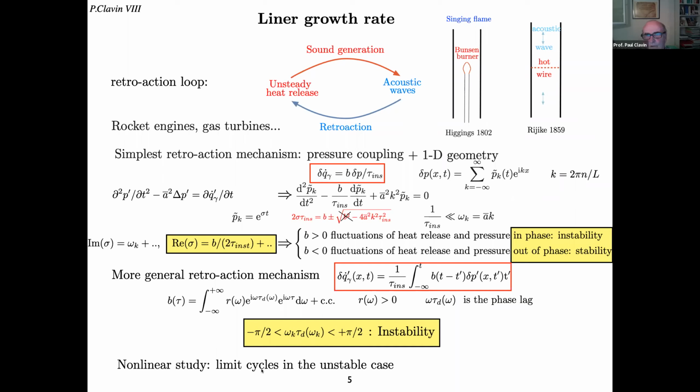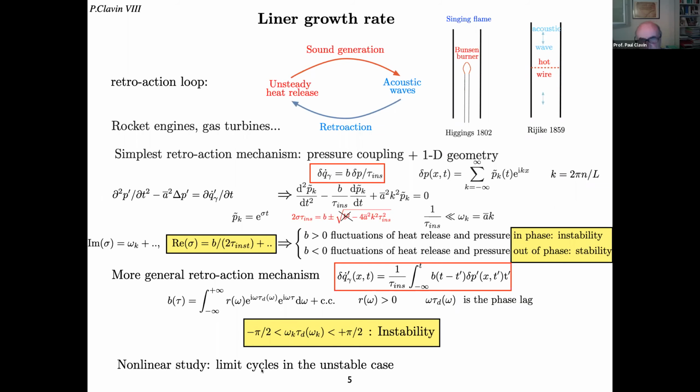When we talk about combustion in a closed vessel, the closed vessel is for the acoustic wave. For example, in a rocket engine the nozzle, through which the gas is exhausted, acts like a solid wall for the acoustics.